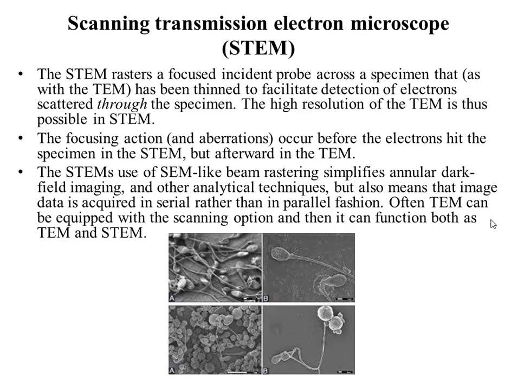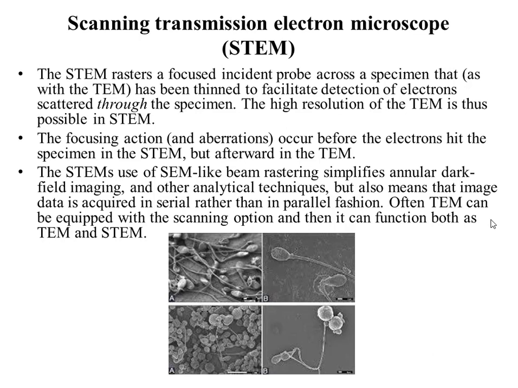Scanning transmission electron microscopy rasters a focused incident probe across a specimen that has been thinned to facilitate detection of electrons scattered through the specimen. The higher resolution of transmission electron microscopy is thus possible in STEM. The focusing action and aberrations occur before the electrons hit the specimen in the STEM, but afterward in the TEM.